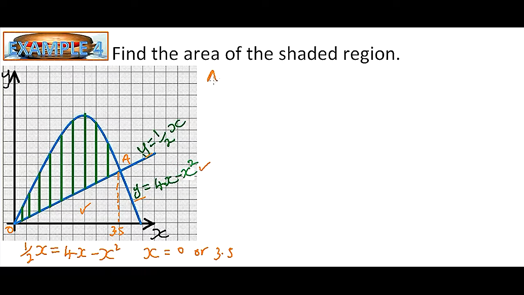So area is equal to the integral from 0 to 3.5 of 4x minus x squared with respect to x. We minus the area under the graph y is equal to a half x, so we have a half x, and the lower limit is 0 and the upper limit is 3.5.